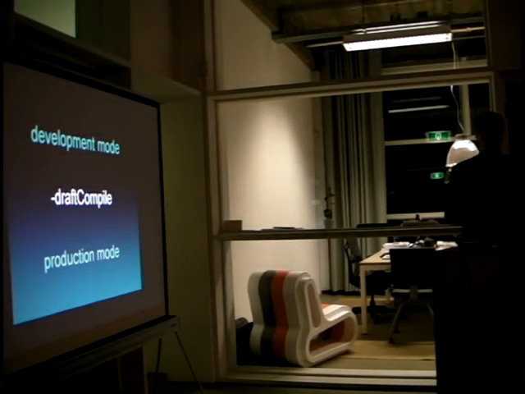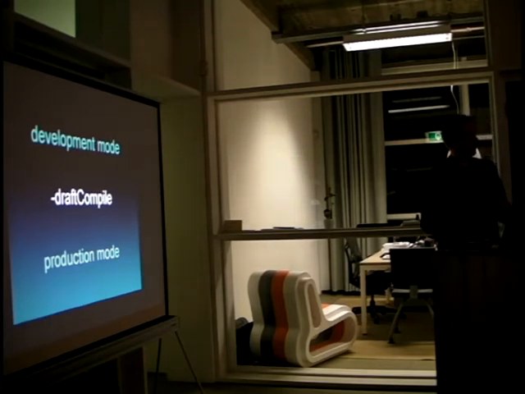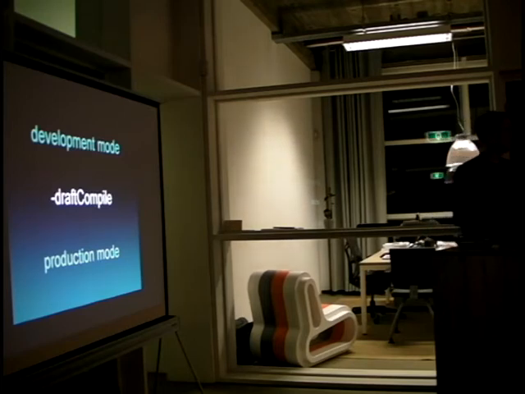One other step is that they added a draft compile option. That's basically in between the development mode and the production mode. Production mode is what they now call it if you compile your code and run it on your own web server or the web server you're using for testing. And what does the draft compile option do? The draft compile option does not do all optimizations.